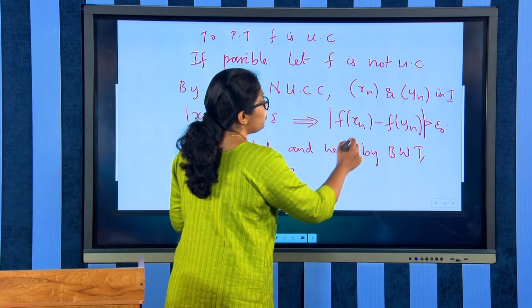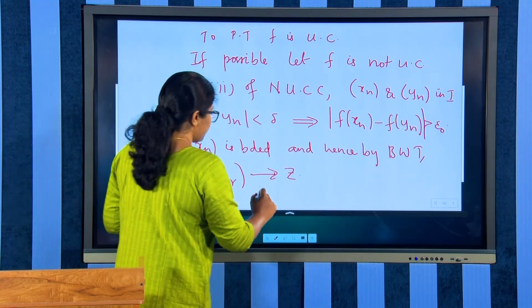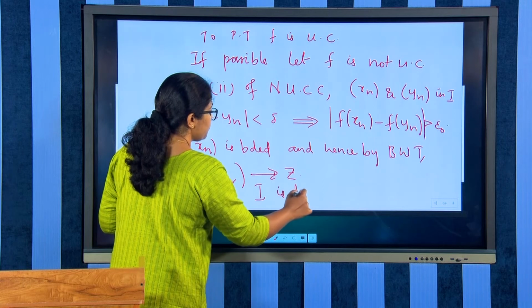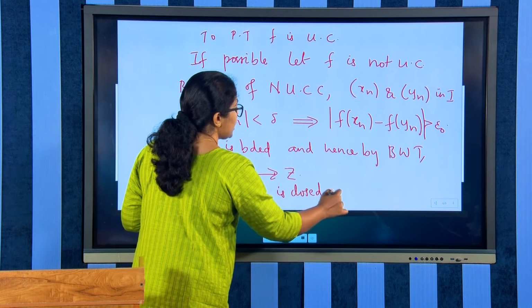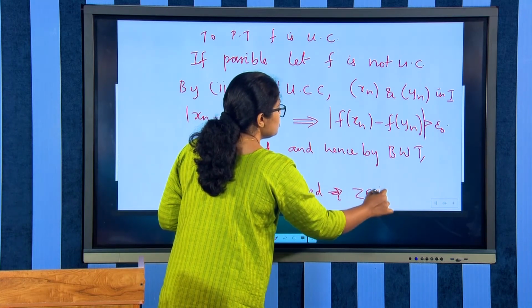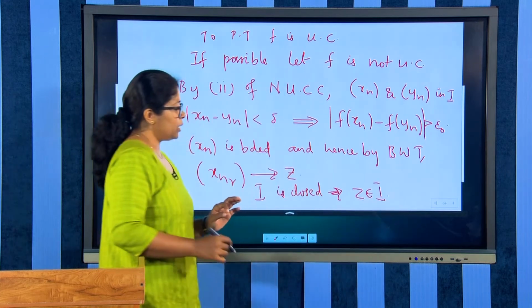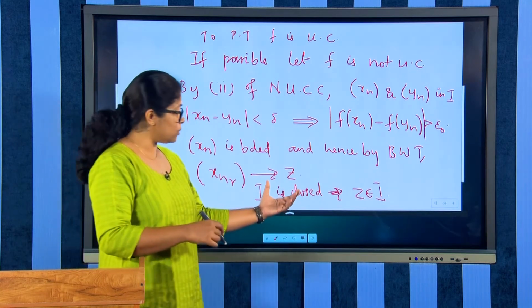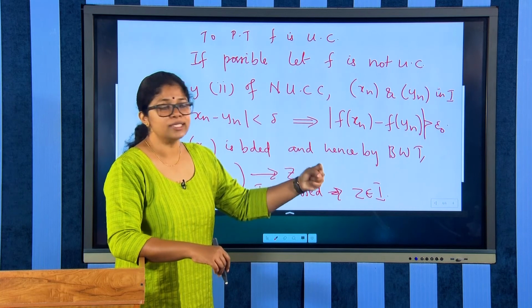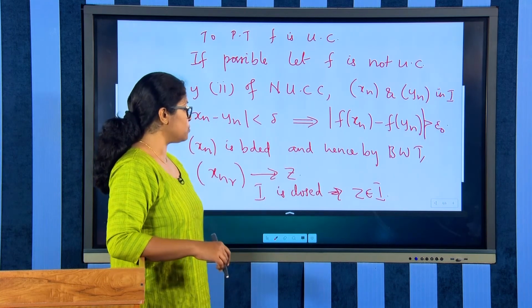And because I is closed, z belongs to I, because a closed set contains all its limit points.